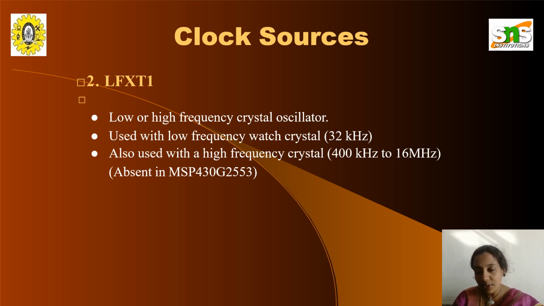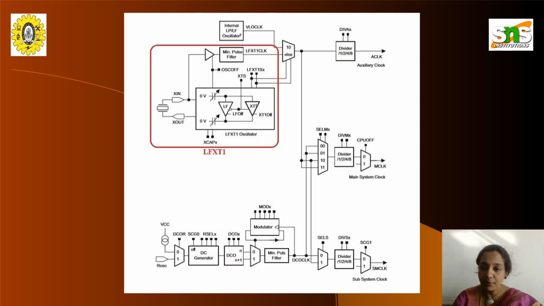Low frequency watch crystal is nothing but 32 kHz frequency. High frequency crystal is 400 kHz to 16 MHz frequency. So this particular circuit is LFXT1. The bottom one is the DC.